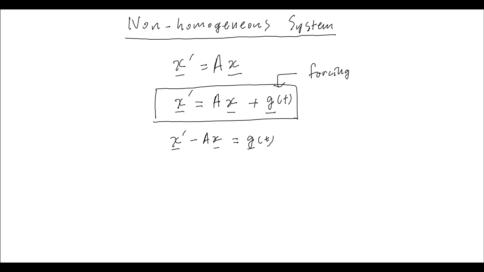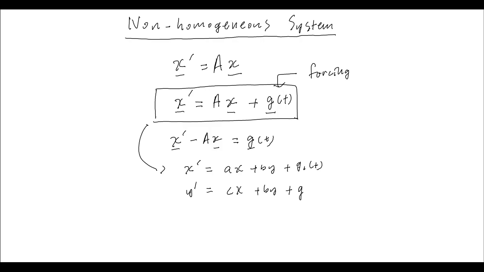Using a component form here, this can be written as x prime is ax plus by plus g1 of t, y prime is cx plus dy plus g2 of t. Alright?